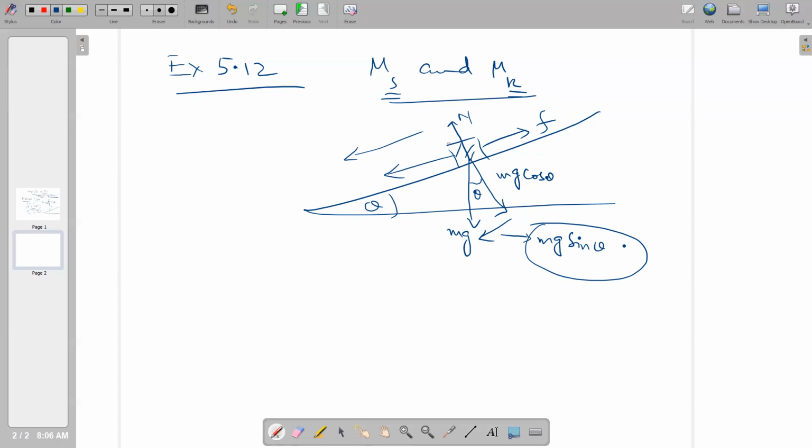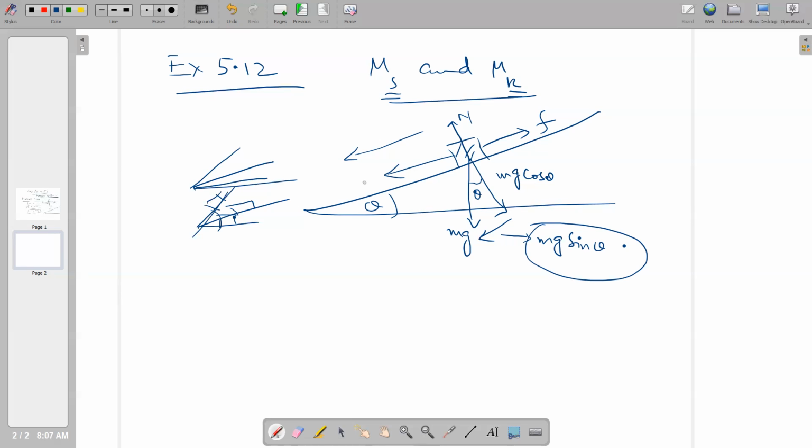The block is placed on an inclined plane, and the inclined angle is increased, from here to here and then here, until the block starts to move. Surely, if the block is here, it will not move. But if you increase the angle, the block starts to move.